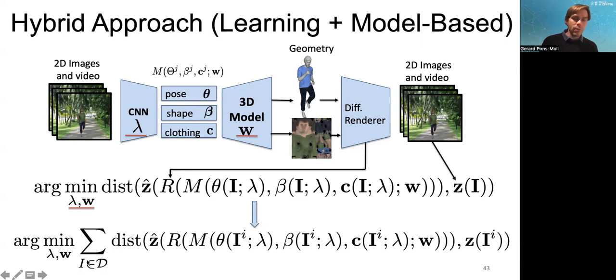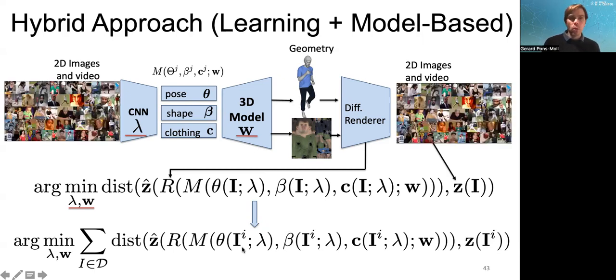For every image in the training set, we want our prediction of the world, all this block here, to match the image, the specific instance. This is a really challenging problem, but the cool thing is that with this formulation, we could potentially leverage lots of images and video on the internet in order to train better regressors from image to these 3D world parameters and potentially better 3D models.